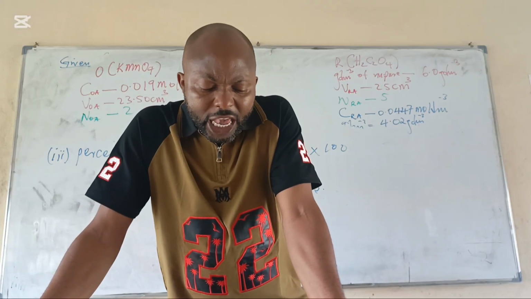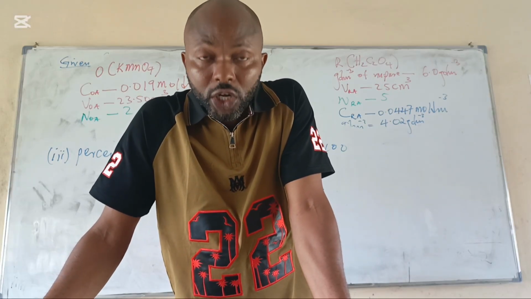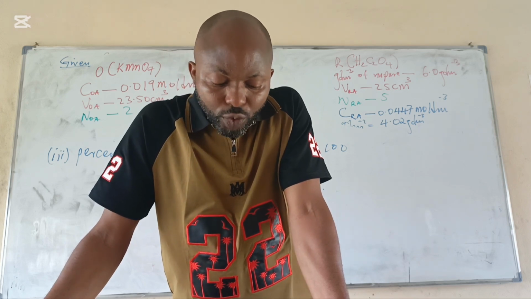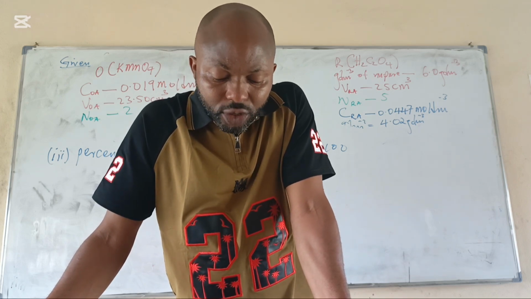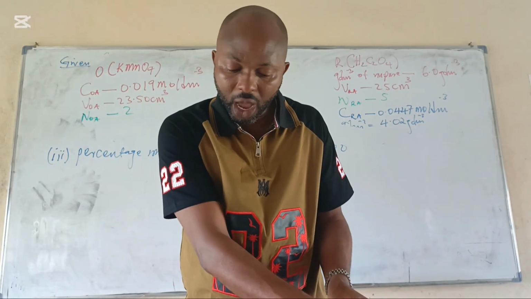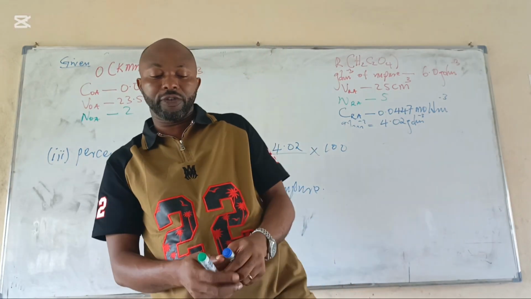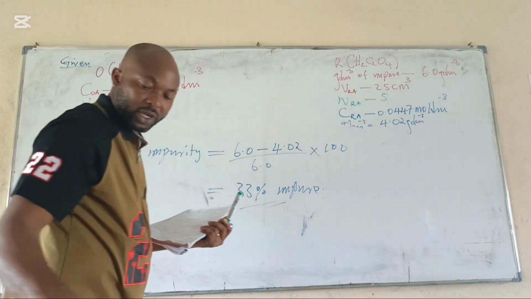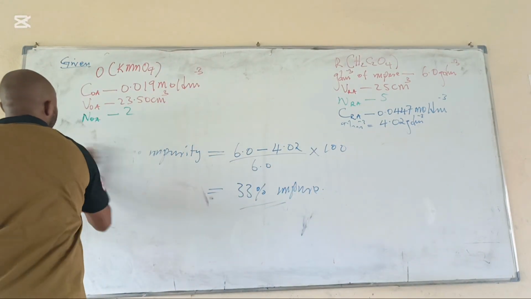It says that if KMnO4 solution O, which stands for oxidizing agent, reacts with 0.1 mole per dm cube of, I am going to write this, ammonium sulfate, iron sulfate, hexahydrate. Let me clean the box so that it will be distinct.